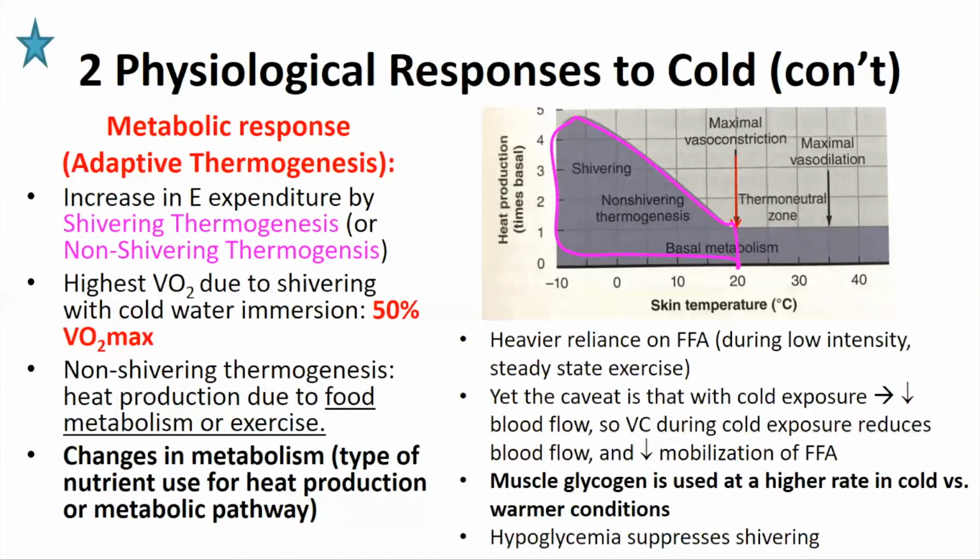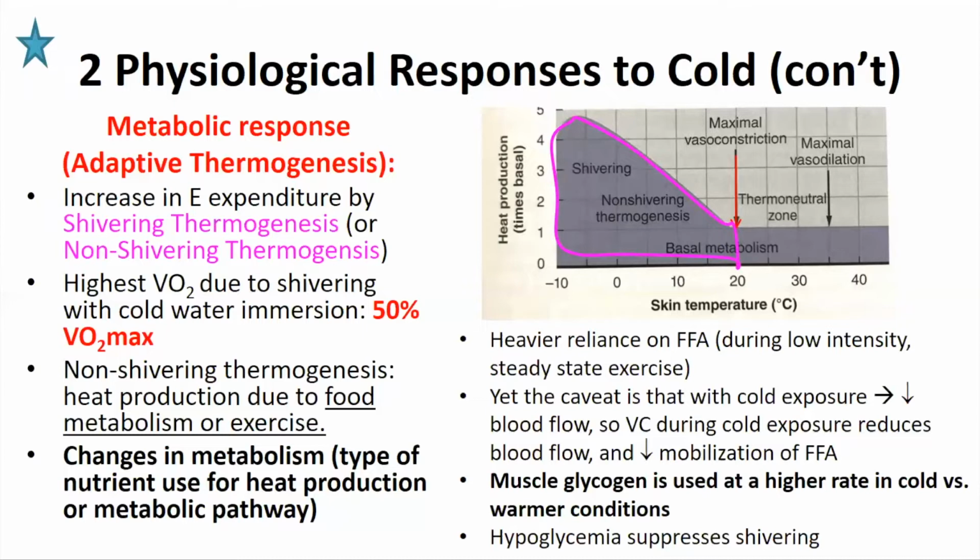So we know we should have a heavier reliance on free fatty acids during low intensity steady state exercise. But in the cold, we can't rely so heavily on free fatty acids. The reason being, remember, one, less blood flow because we've vasoconstricted. And two, we've shifted the oxygen hemoglobin dissociation curve to the left, meaning we have less oxygen offloading to the myoglobin.